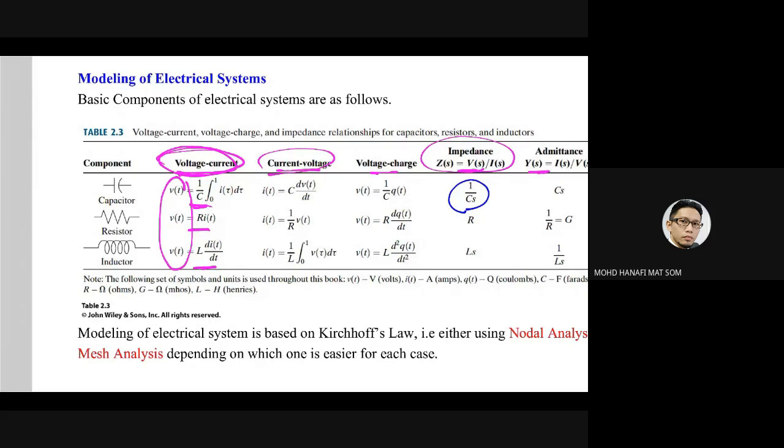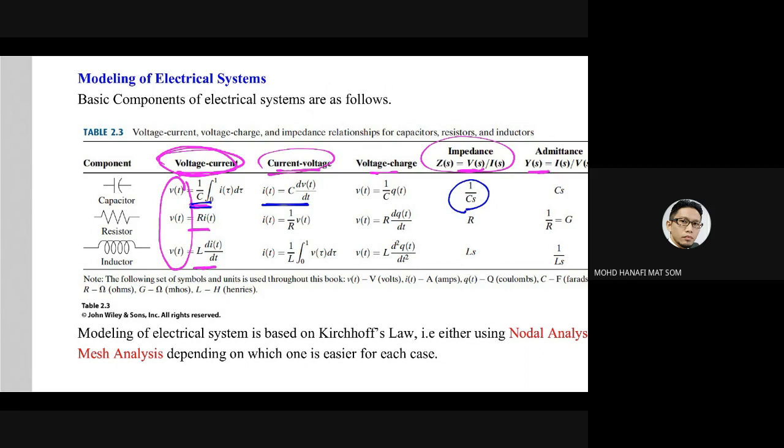When we have the current-voltage relationship, it is actually i(t) equals C dv over dt. If we have the voltage-current relationship, we have v(t) equals 1 over C integration of i(tau) d tau.